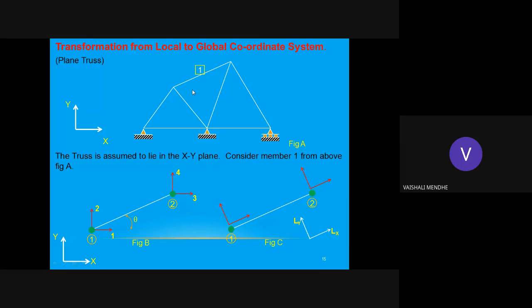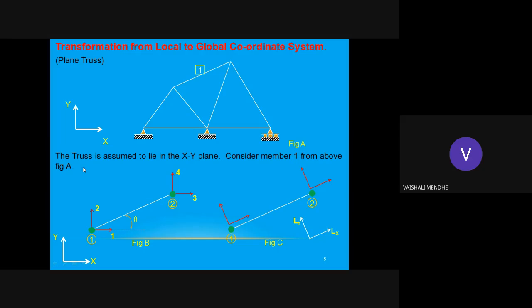I considered any one member, and for that member we will find the transformation matrix, and that transformation matrix will be the same for all the other members.